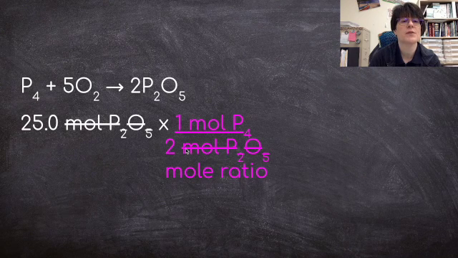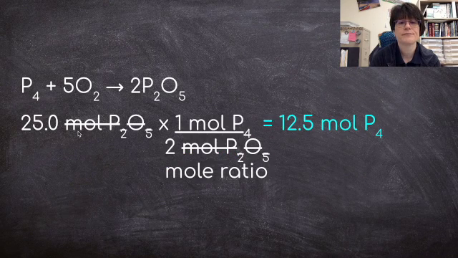So we see that the ratio is 2 moles of phosphorus oxide, because it has a 2 in front of it, to 1 mole of phosphorus, because there is nothing in front of it, so it's understood to be a 1. We make the ratio so that our moles of phosphorus oxide cancel out. And when we do the math, we divide 25 by 2, and we find that 12.5 moles of phosphorus are required for that reaction.